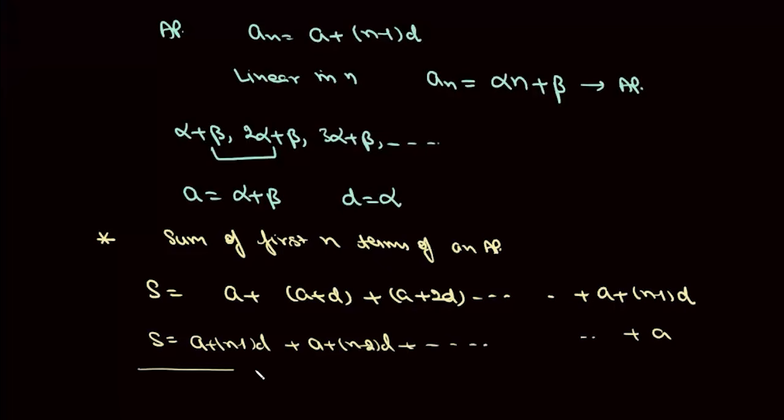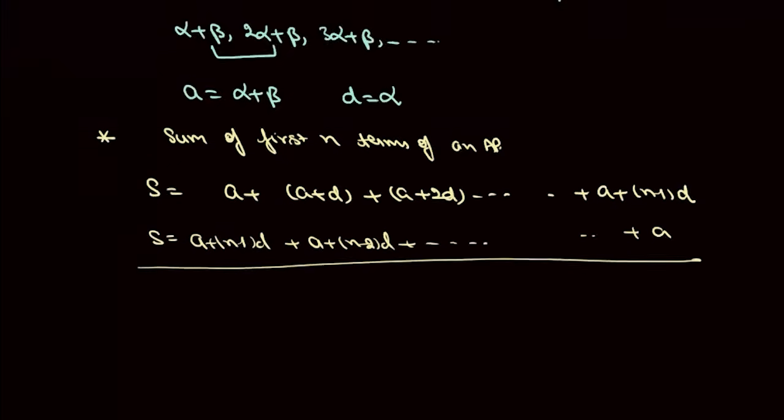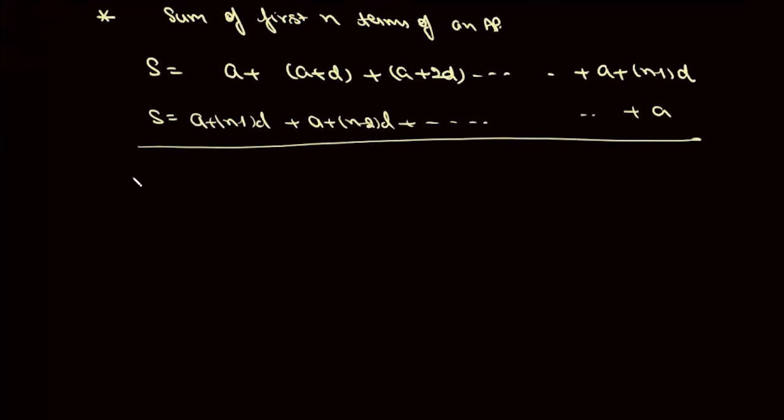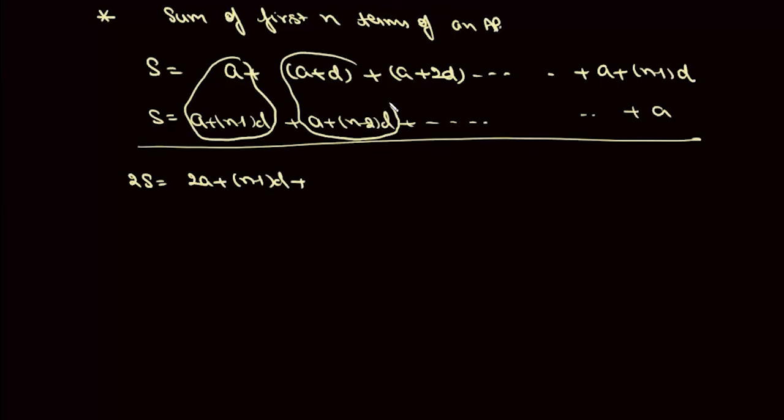Now if we add the two series, we'll get this as 2S. Now this is 2a plus (n minus 1) into d. Here also, if we add them, a plus a will be 2a, and plus (n minus 2)d plus d will again be (n minus 1)d. So each block will be constant and will be 2a plus (n minus 1) into d. So we have n such blocks.